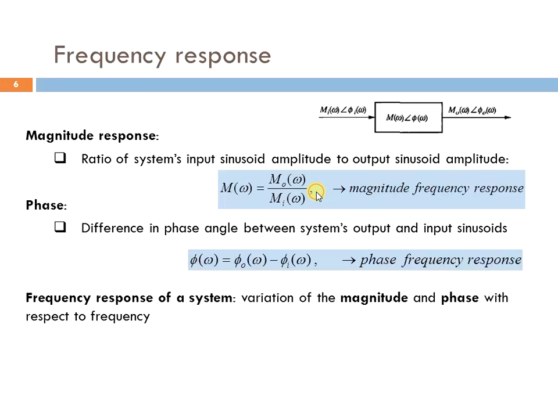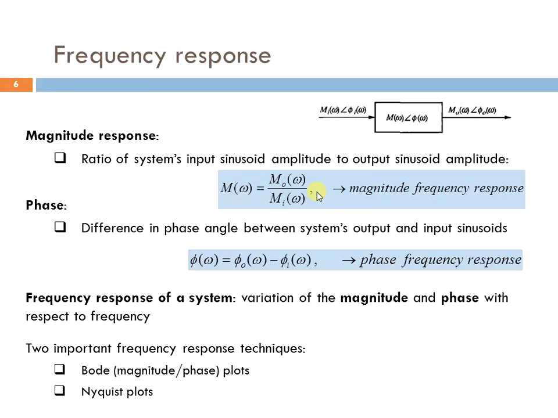So in this lecture we will look at two main frequency response techniques. We will look at Bode plots as well as Nyquist plots. And it is useful to keep in mind our objectives in this analysis. We want to determine the closed loop stability of a system.